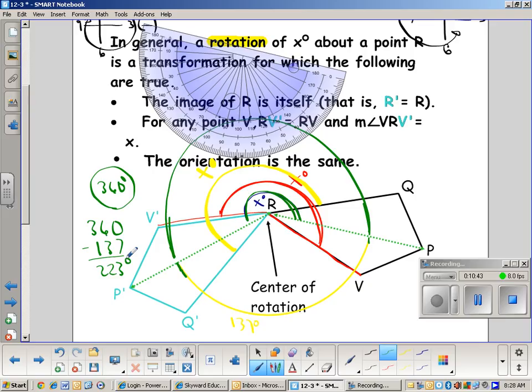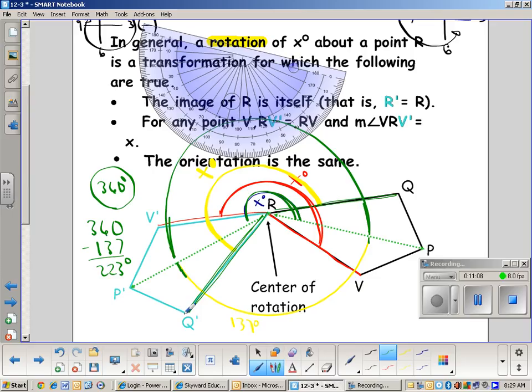Okay, we find that just by connecting two of the points and measuring the angle. Now, I didn't have to connect P. I could have used RQ that was already there and checked it out with RQ prime, which is here. Or I could have used RV and RV prime. I could have used the existing segments that were already there, but you don't have to.